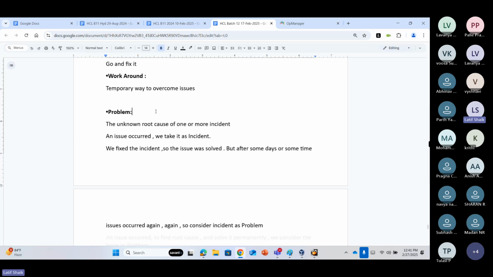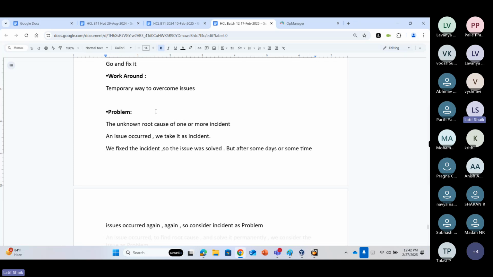So in problem management, I'm going to tell you two separate points. First point is: any incident that occurs, any issue that occurs, is an incident only. That's it, and you have to consider that incident.